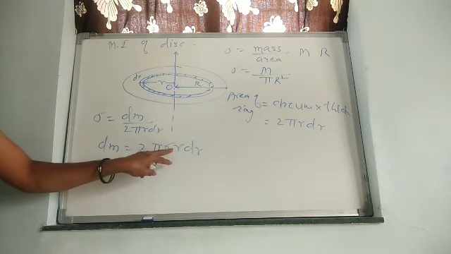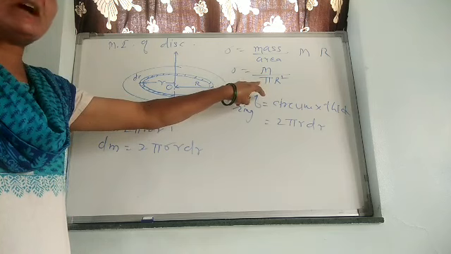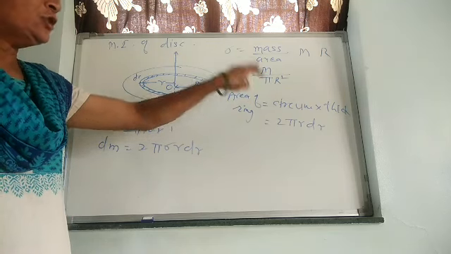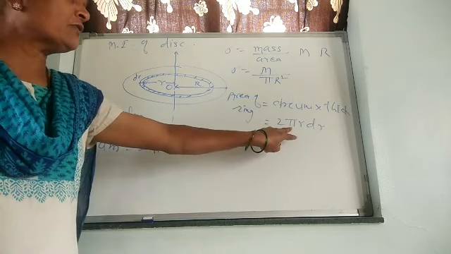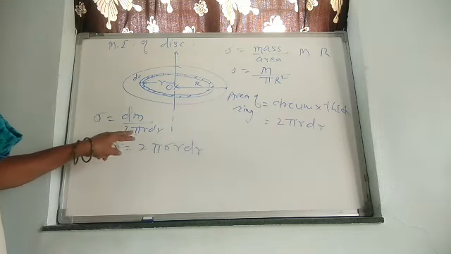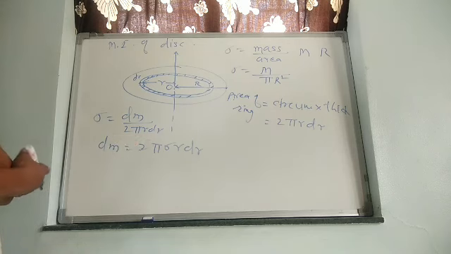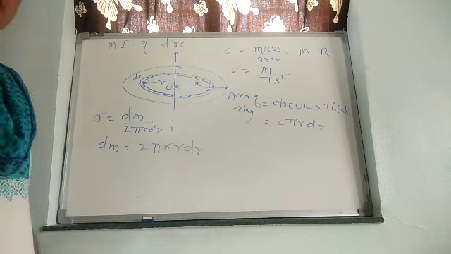Here, sigma is equal to m upon pi r square, that is related to the disk. Then area of ring is equal to circumference into thickness. Circumference of that ring is 2 pi r into dr. Then sigma is equal to dm upon 2 pi r dr, that is dm is equal to 2 pi sigma r dr. This is the mass of that ring.